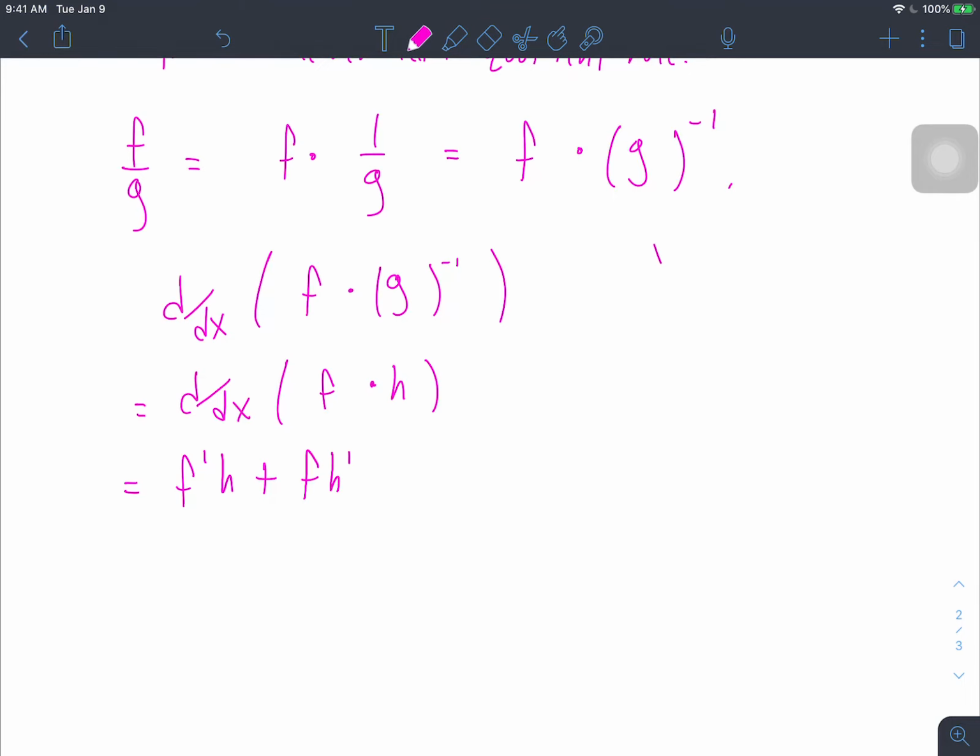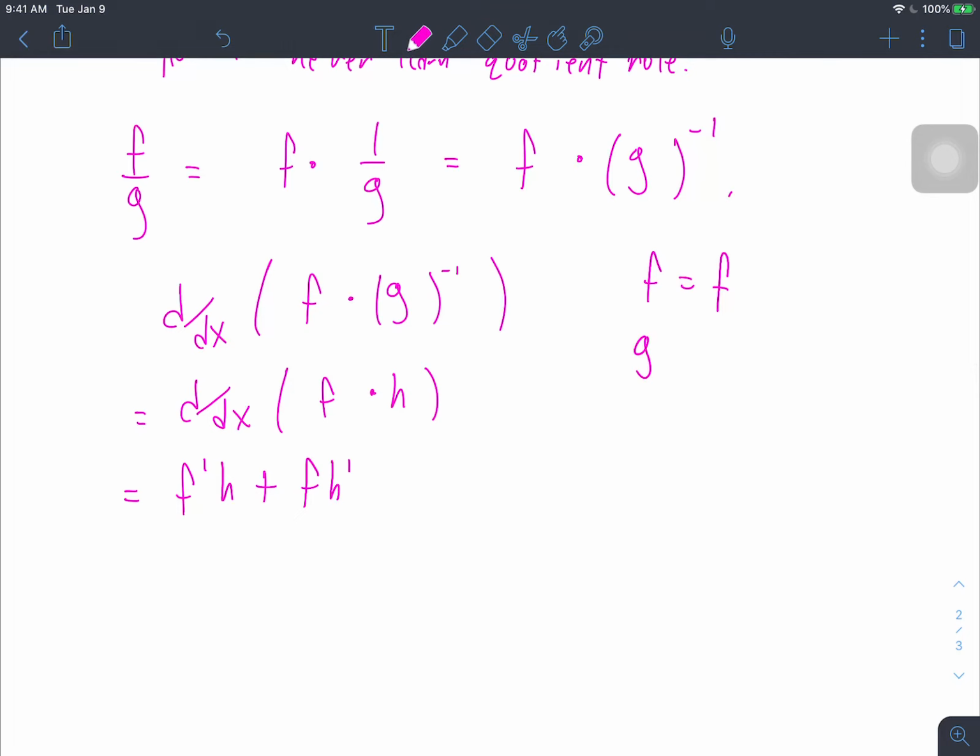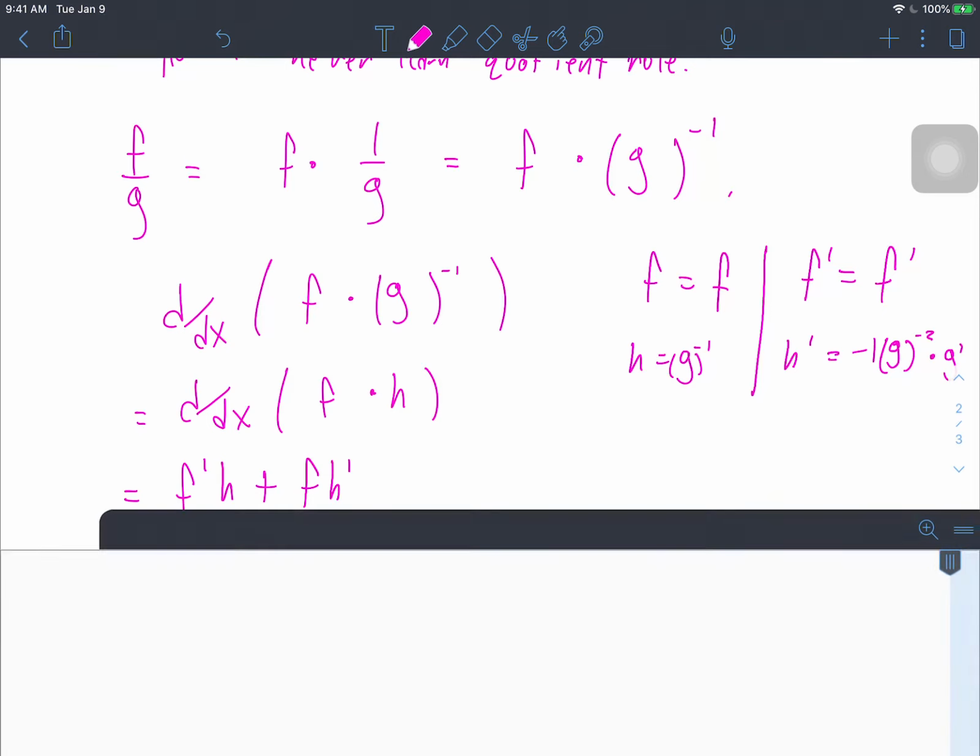So if we let f equal f and h equal g to the negative first power, then f prime is just f prime, and then h prime would just be negative 1 times g to the negative 2 times the derivative of g by the chain rule.